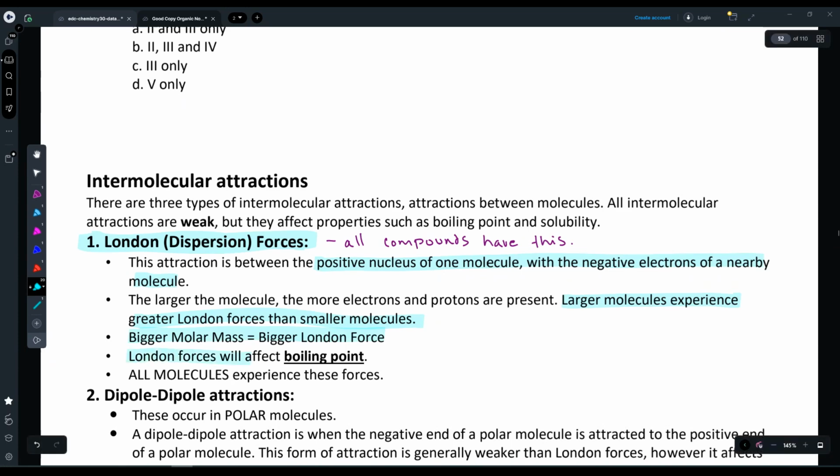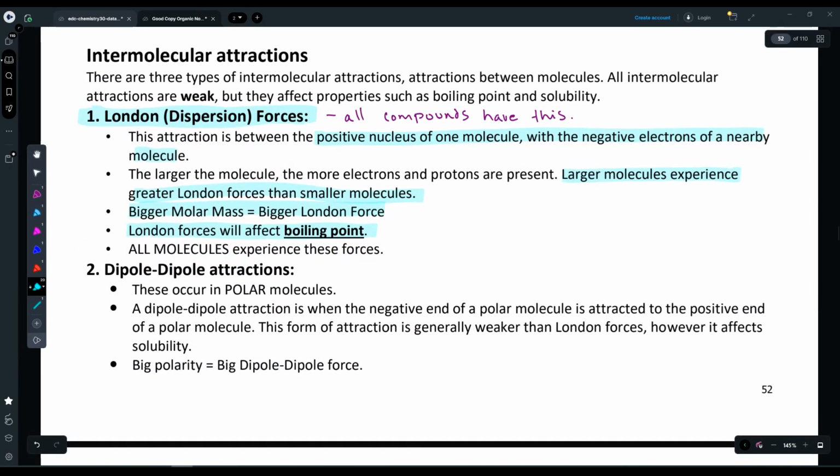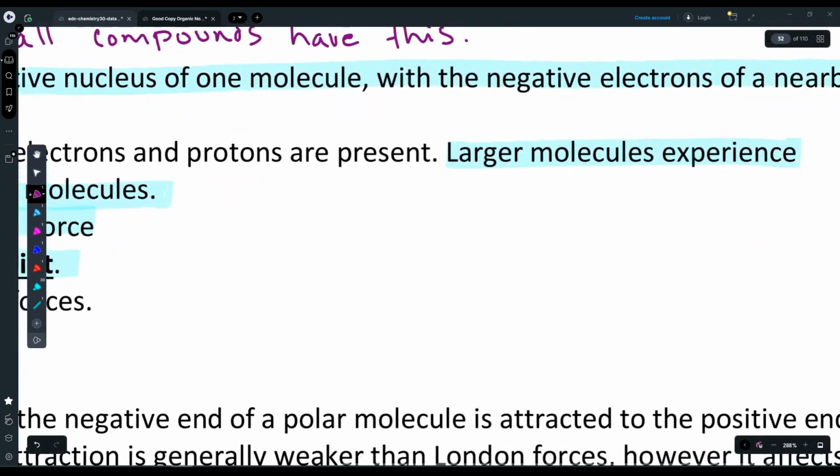So London forces affect boiling points. And like I said, all molecules have these forces. If we were to draw out what a London force looks like, this is what it'd be. We've got our positive nucleus. The reason why we're calling the nucleus positive is because that's where the protons are housed. Then we have the electrons for that molecule.